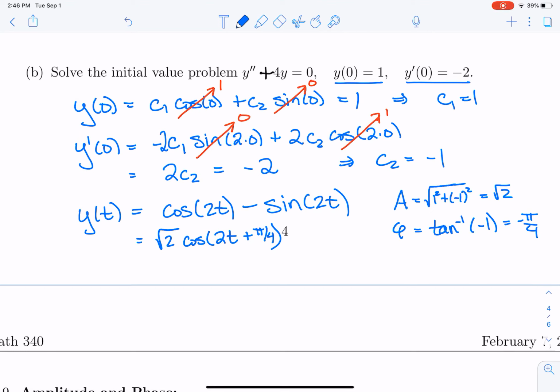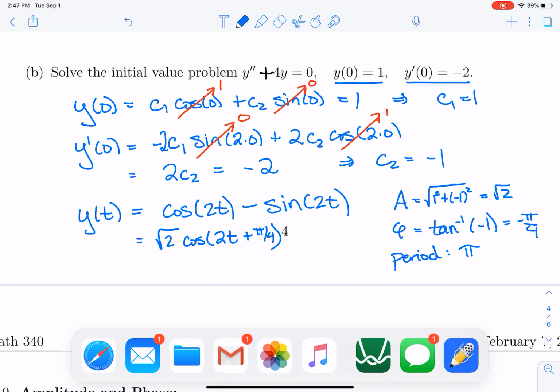Okay, so that tells me that the period for this oscillation is going to be 2 pi over 2, or pi, and there's going to be a shift to the left by pi over 4. Let's see that in Desmos.